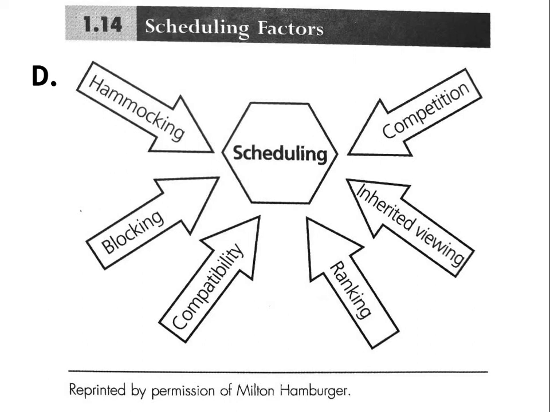You've got certain legal issues there, and then just certain logistics in terms of where your audience is at and if they're available. You've got ranking. How highly ranked is the show? How highly ranked is the time slot that's available? Inherited viewing. Where's your audience at? Are you going to be able to retain that audience with this particular content?